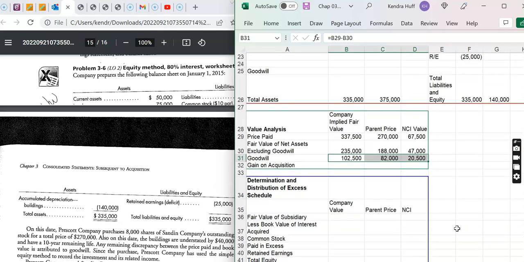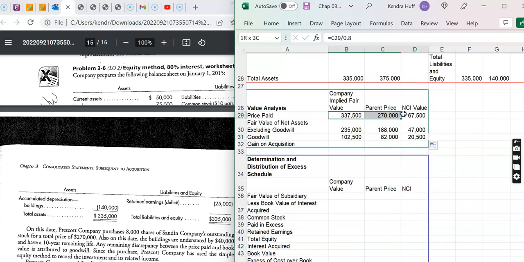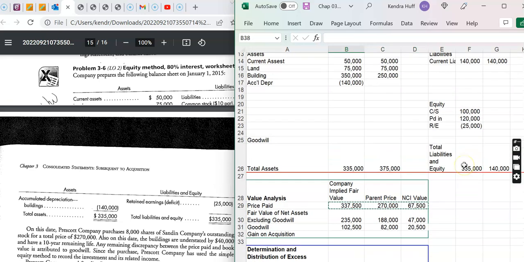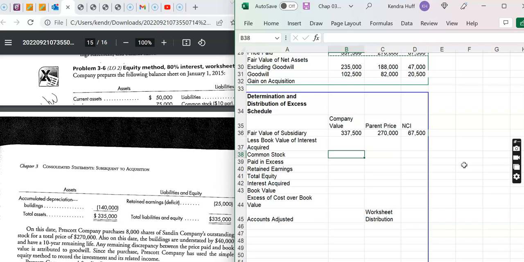All right, so there's the value analysis. D&D, we'll copy this down. This is going to be 100, 120, and negative 25.